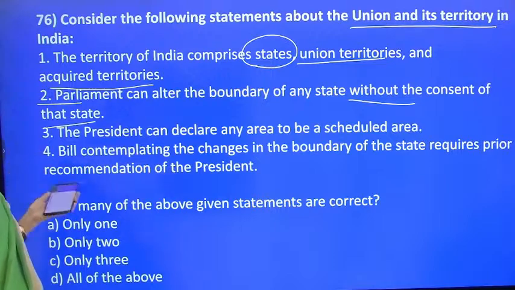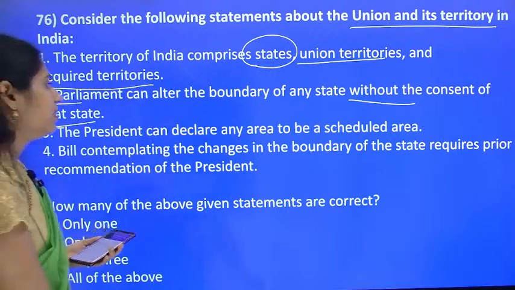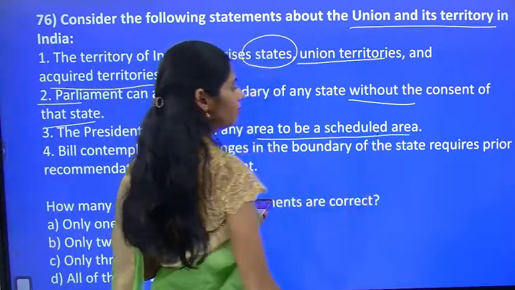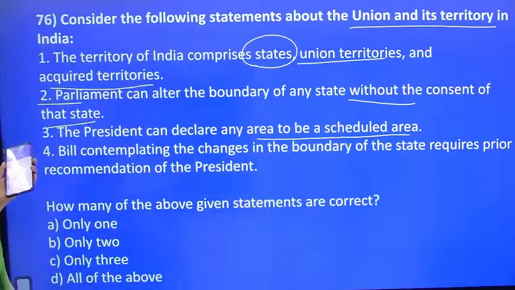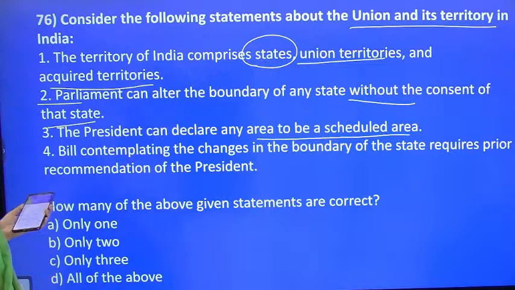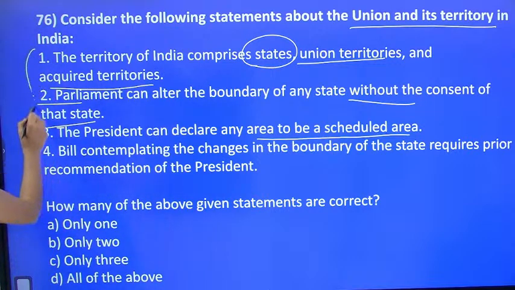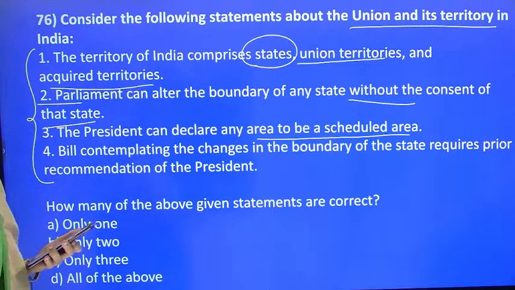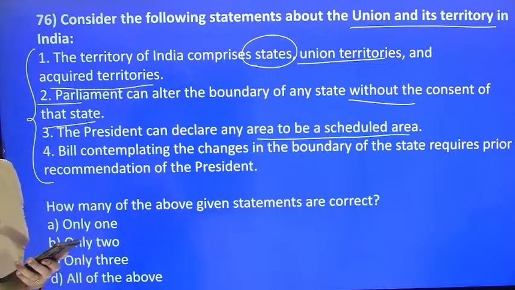Next, the President can declare any area to be a scheduled area. And next, a bill contemplating changes in the boundary of states requires prior recommendation of the President. These are direct statements that you can see in your Lakshmikant. I am not going to say the answer for this question, so please try and answer.